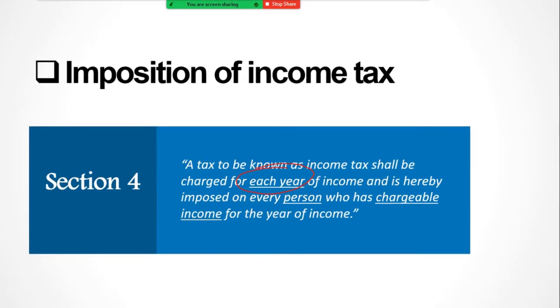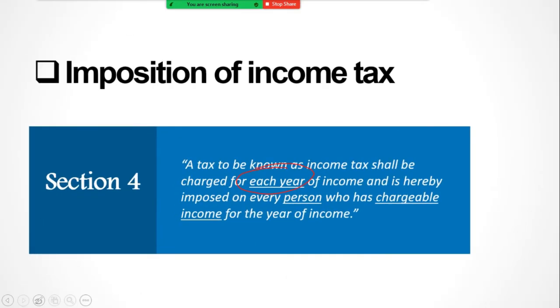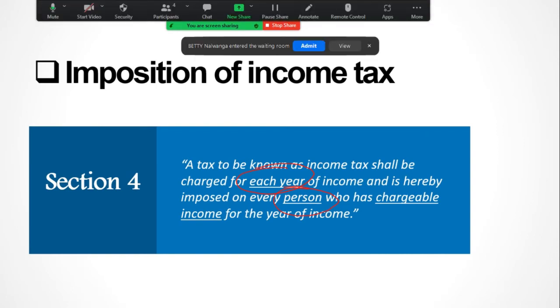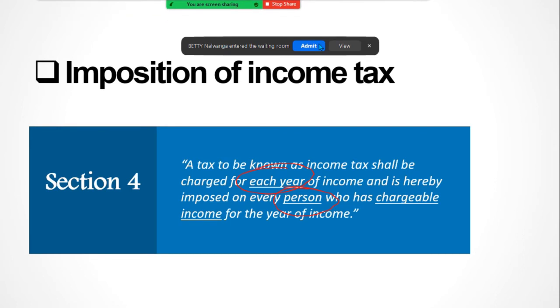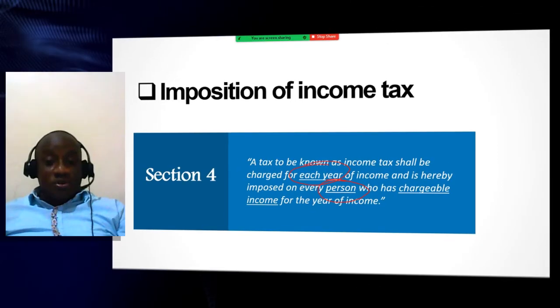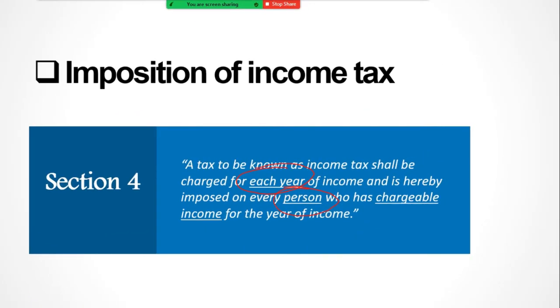There are certain categories of persons that are supposed to pay, and these are who I have underlined here. In our own understanding, a person would refer to a normal human being. But we are going to see in the tax law that the scope or the definition of the person is wider than what we may know.